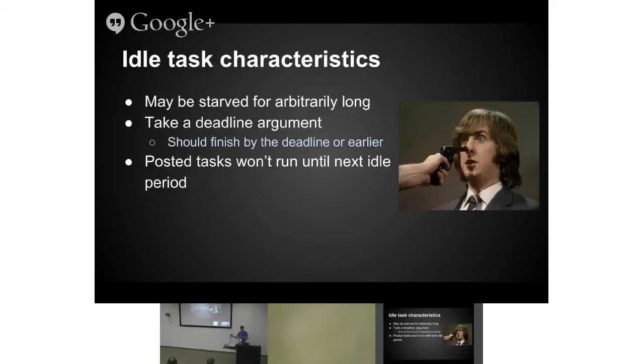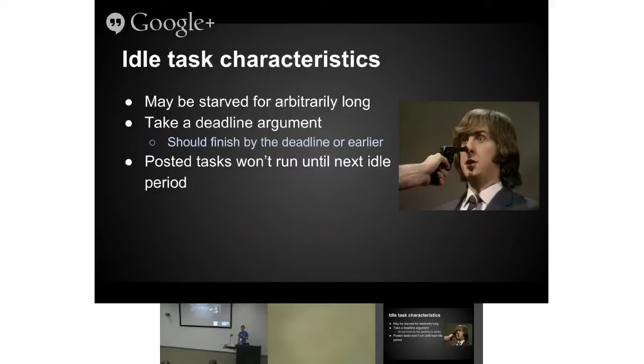And the actual API for them works so that when the scheduler calls into the idle tasks to do the work, it gives them a deadline, a point in time by which the idle task should yield or exit. So the idle task needs to keep track of time and not overflow into the next frame, basically.